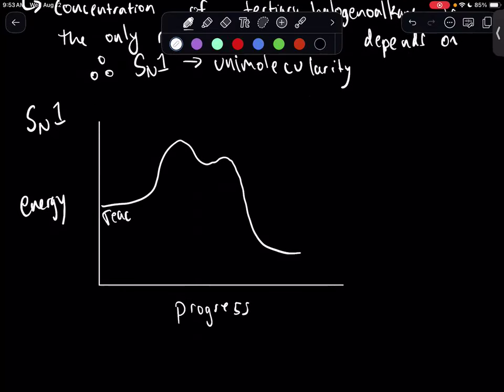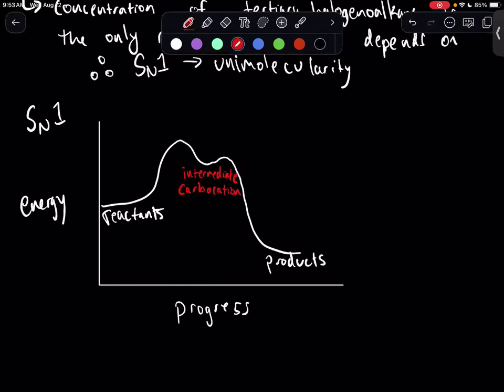And so we have our reactant, we have our products, and we actually have this other stable dip. This is our intermediate carbocation.